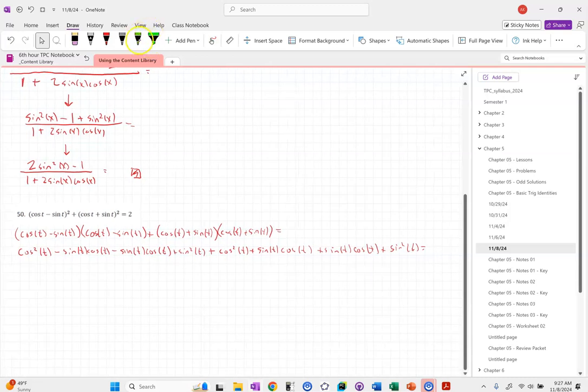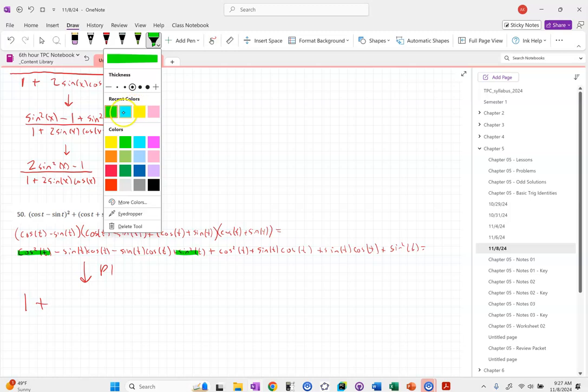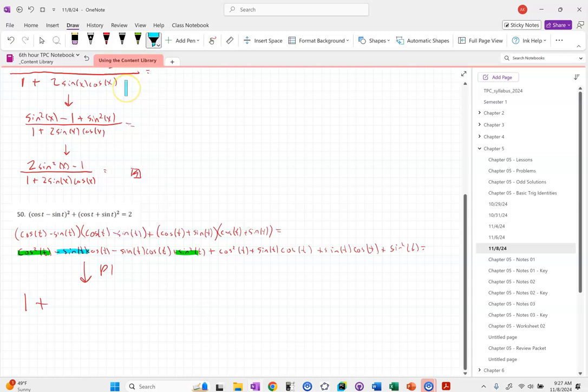All right, so let's look at what we can do now. We got all this stuff in here. Let's see. I see a cosine squared plus a sine squared. There's a 1. I see a negative sine times cosine and a positive sine times cosine.